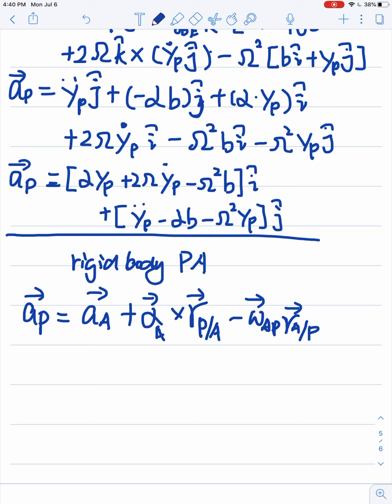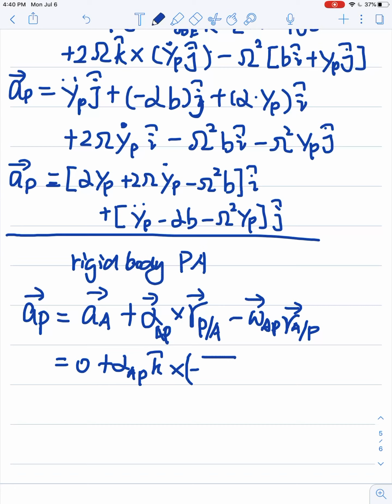Let's keep that consistent. Right, A is a fixed point. It has 0 acceleration. Alpha AP is the unknown we try to solve. It's in the K direction. This RP slash A is a position vector pointing from A to P, and we did that in the velocity equations.